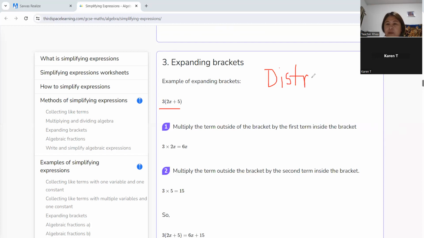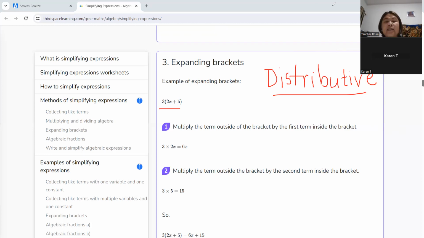If you still remember this rule, we distribute the term outside the bracket, or parenthesis, whether a variable or a constant value, by the terms inside the bracket.